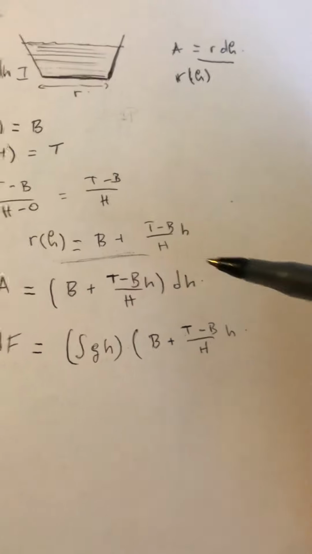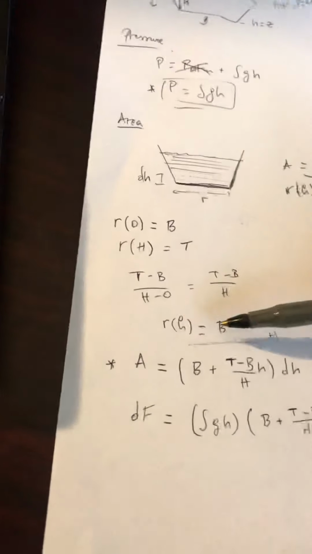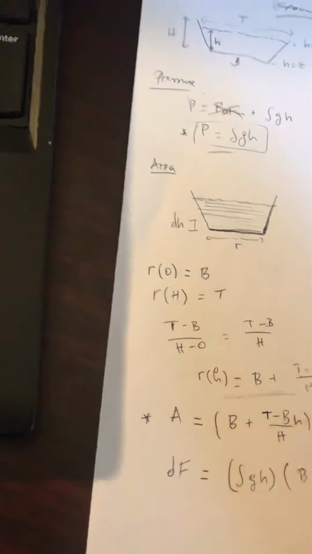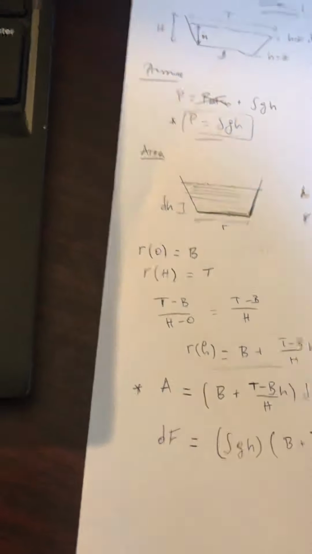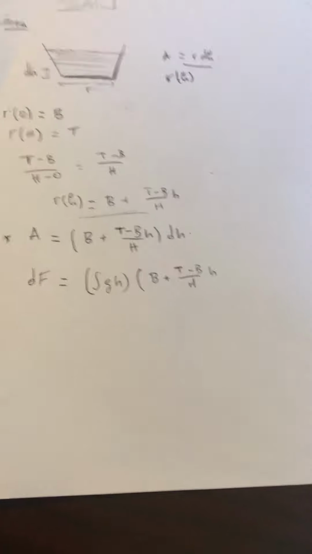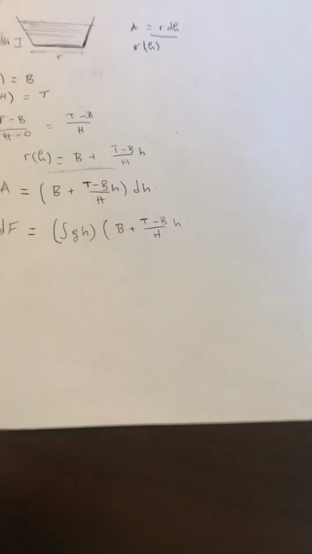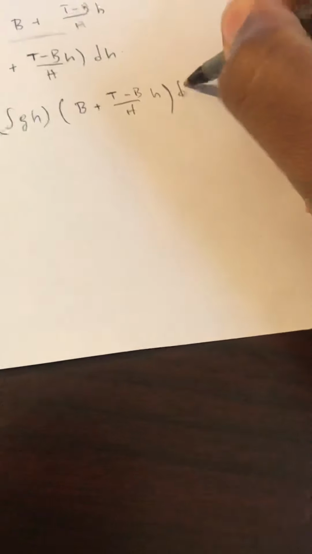with this slope, I don't know if I talked about it, now you start at the bottom at B plus the rate as you're going up times whatever depth you're at, whatever depth of water. Okay, and times dh.